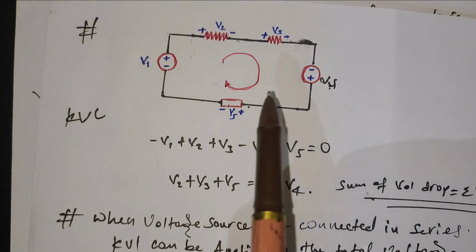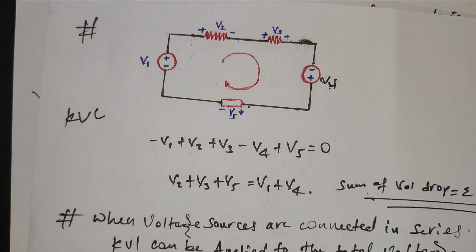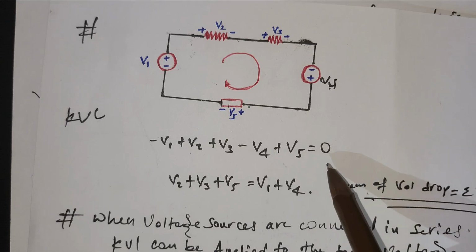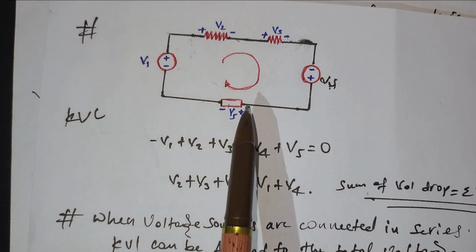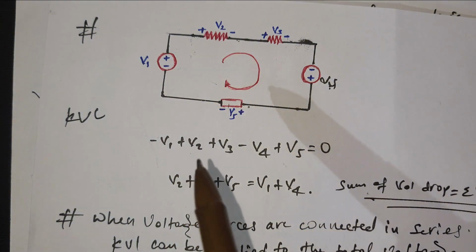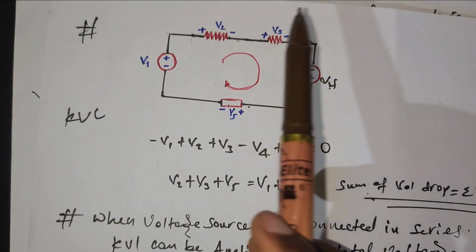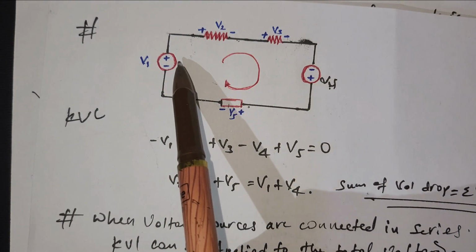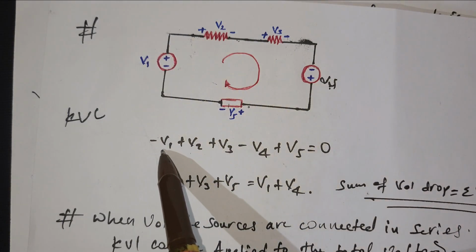V5 is another element, so a voltage across another element. So KVL states that the summation of voltages around the loop is 0. Conventionally, as we have learned before, current entering the negative terminal and leaving through the positive terminal, the voltage is negative.